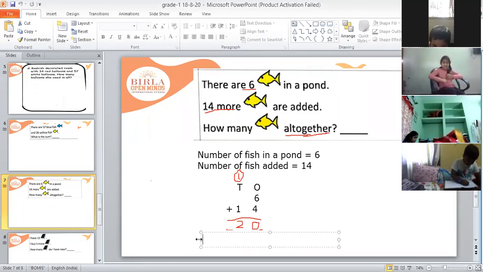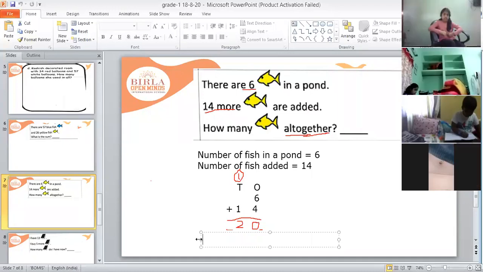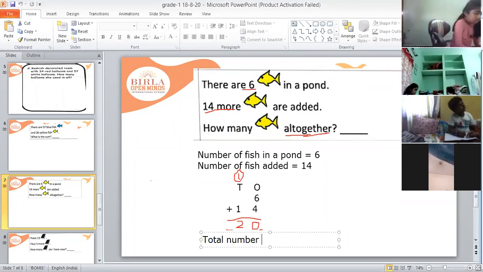So we'll write here our last statement. Total number of fish equal to 20. 20 children.